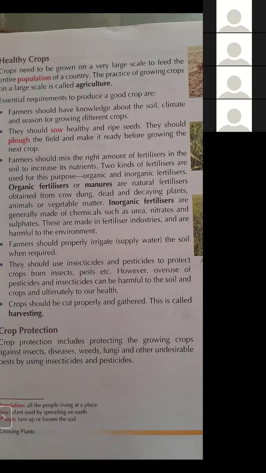Inorganic fertilizers are generally made of chemicals such as urea, nitrates, and sulfates. They are manufactured in factories from inorganic matter. Inorganic matter means non-living matter. Organic fertilizers or manure are prepared from living, dead, and decaying matter or waste products coming from living organisms like cow and buffalo.